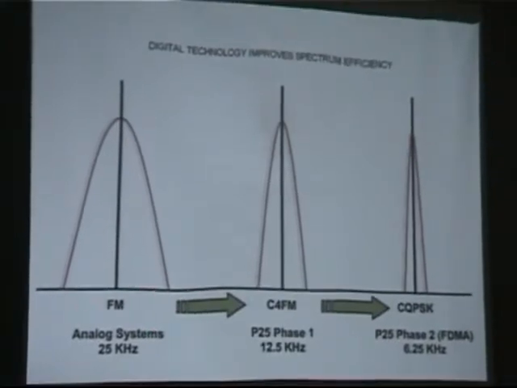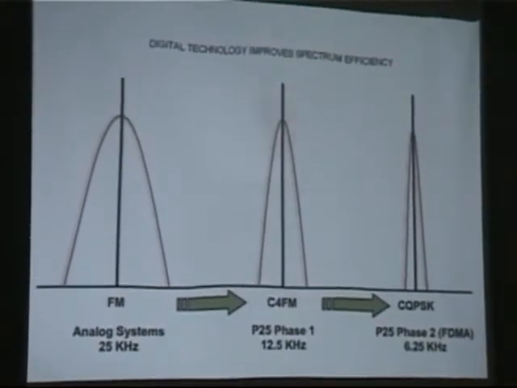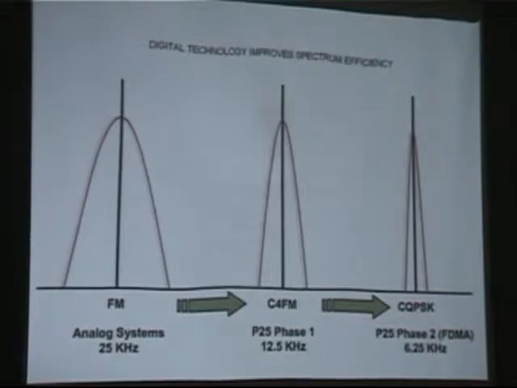This represents a 25 kilohertz channel that a traditional land mobile type radio, just like our VHF and UHF ham repeaters use.